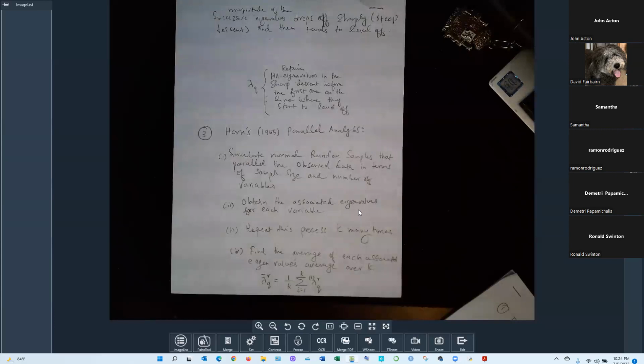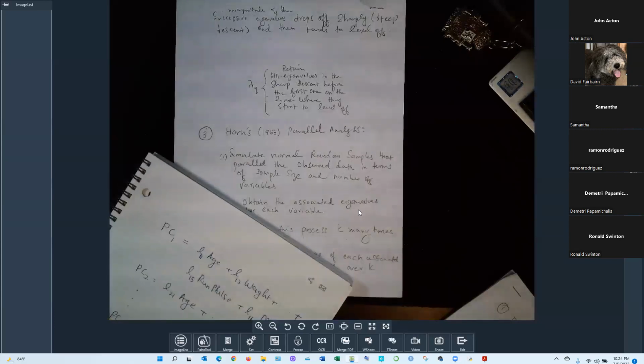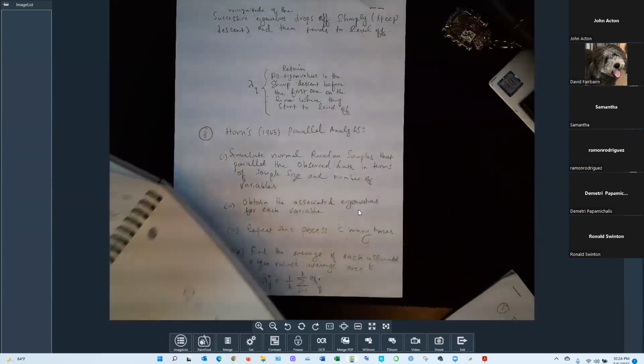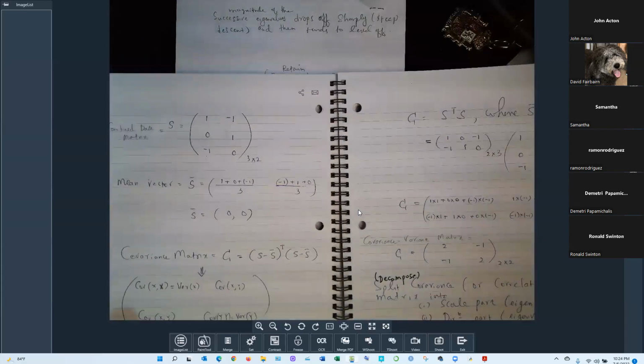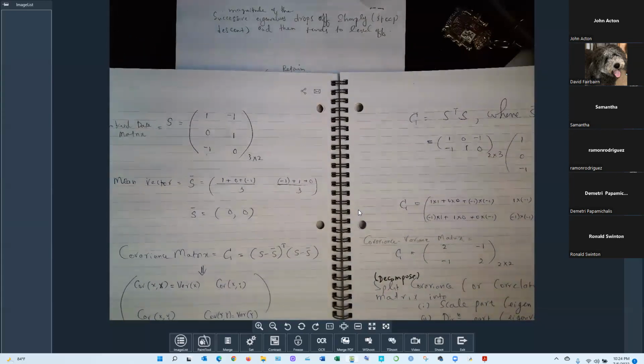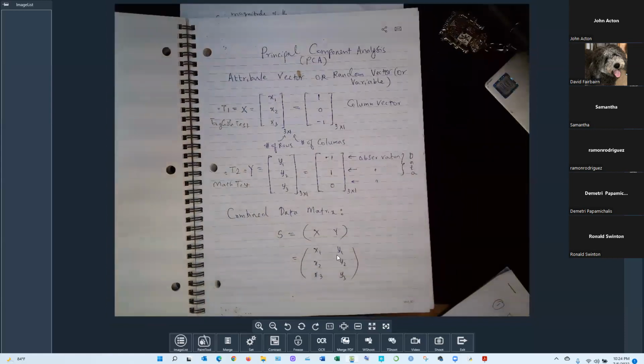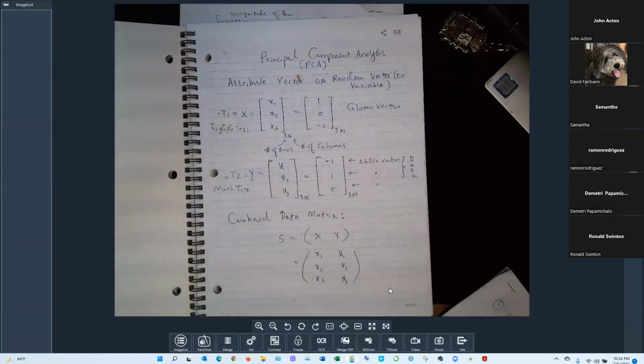How do you get the eigenvalues? You go to the covariance matrix. How to build up the covariance matrix? You saw that earlier. Even if somebody asks how we built up the covariance matrix, you know how to do that. Once you have a data matrix, with P equal to 2, X and Y, and N equal to 3, you can build your covariance matrix.